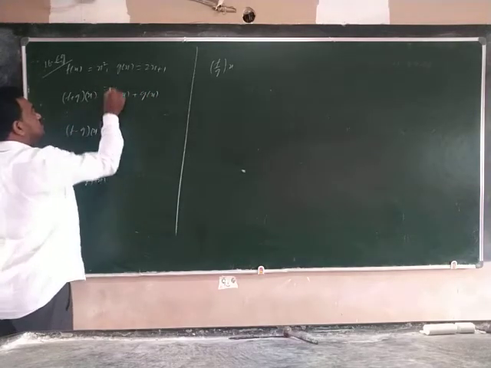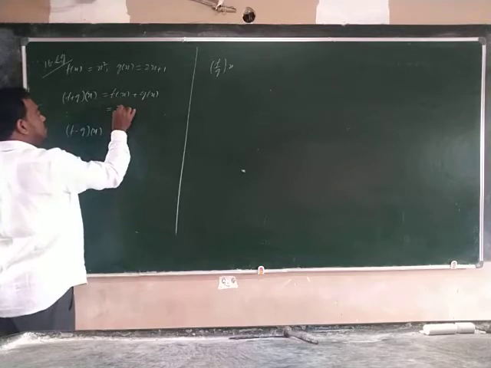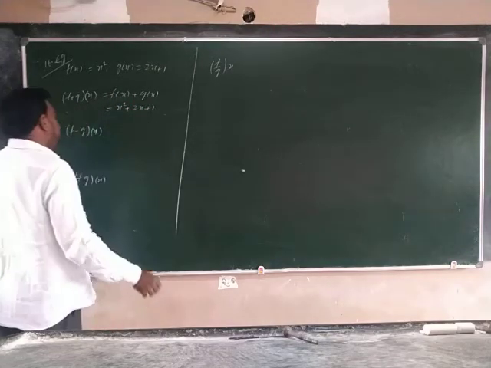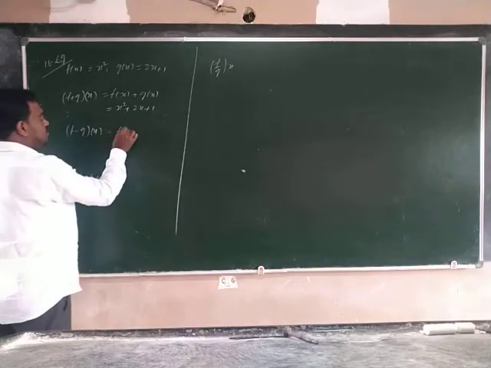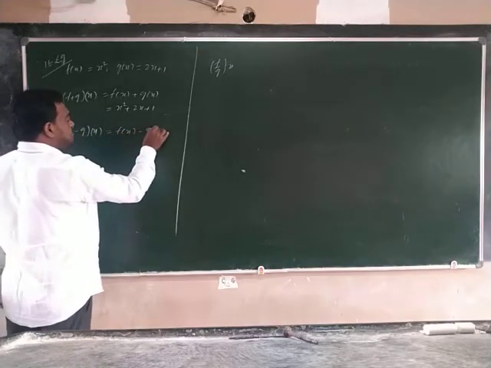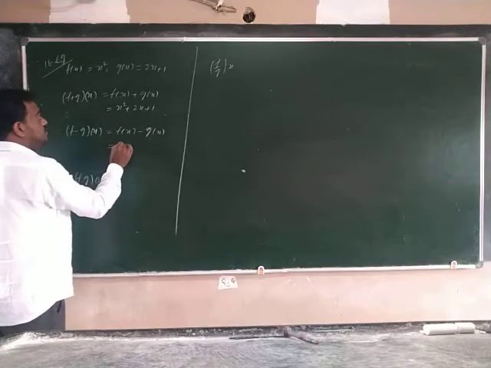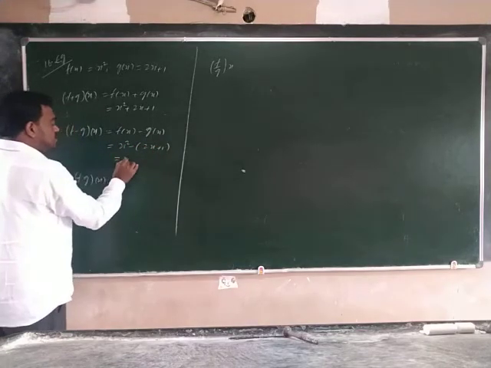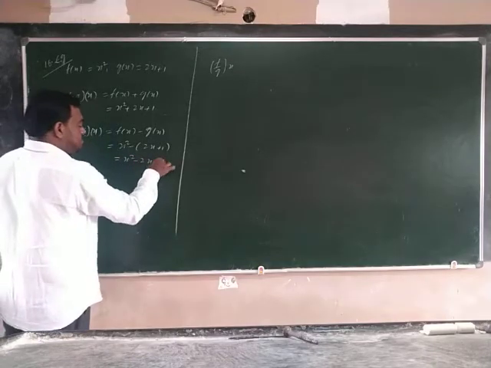This is equal to x square plus 2x plus 1. Next, f minus g of x is equal to f of x minus g of x. Substituting f of x, x square minus g of x, this is equal to x square minus 2x plus 1.